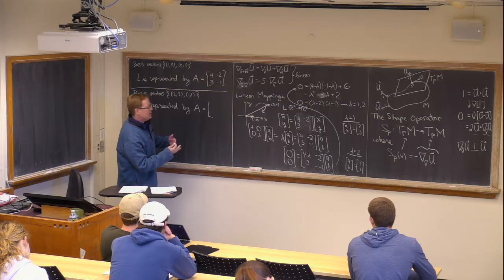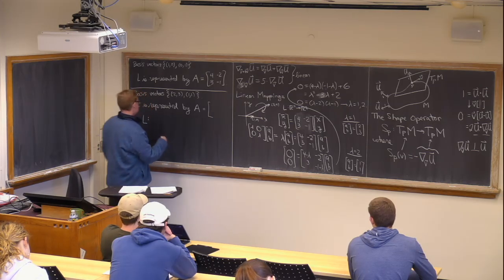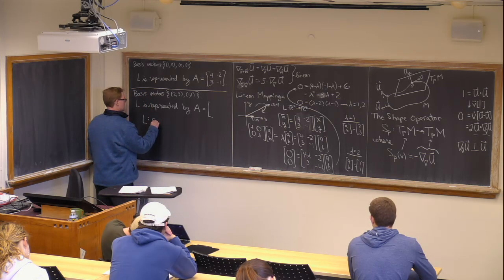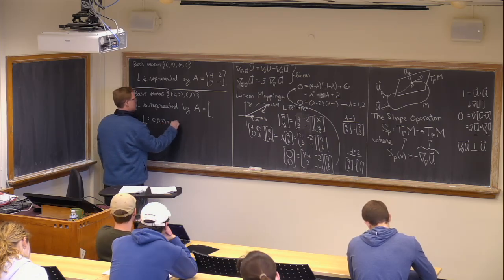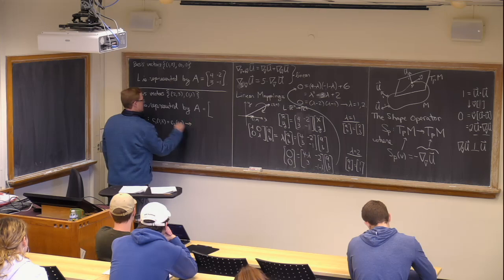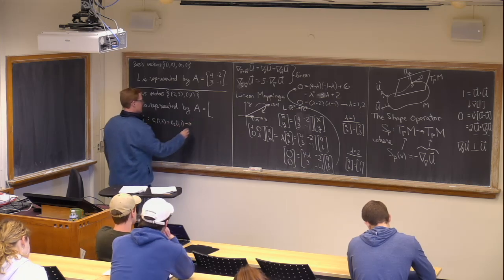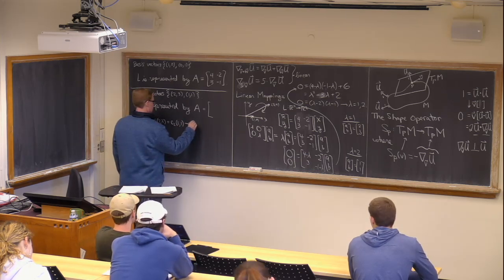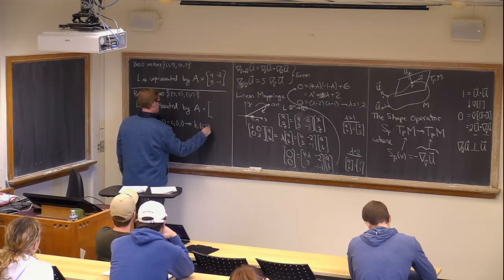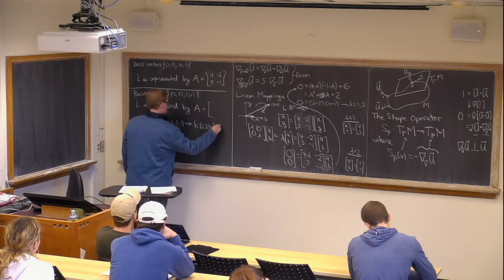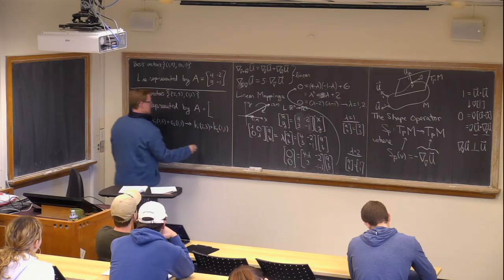I don't want to use A and B. Okay, so we'll say C1 (1, 2, 3) plus C2 (2, 1, 1) to K1 (1, 2, 3) plus K2 (2, 1, 1), okay?